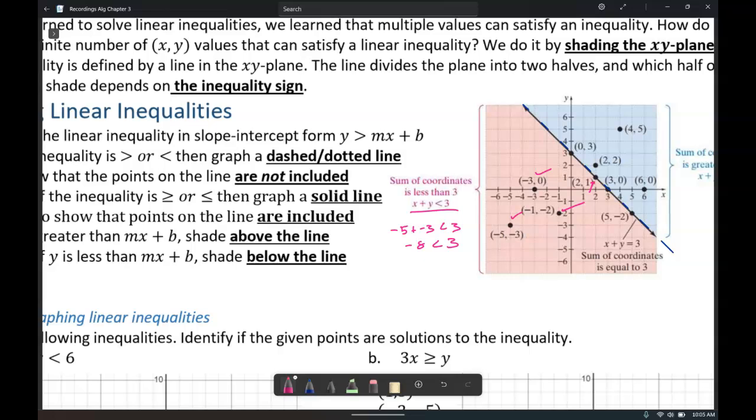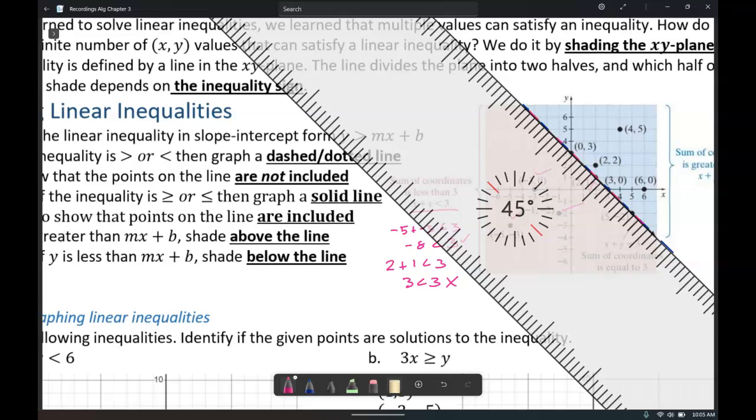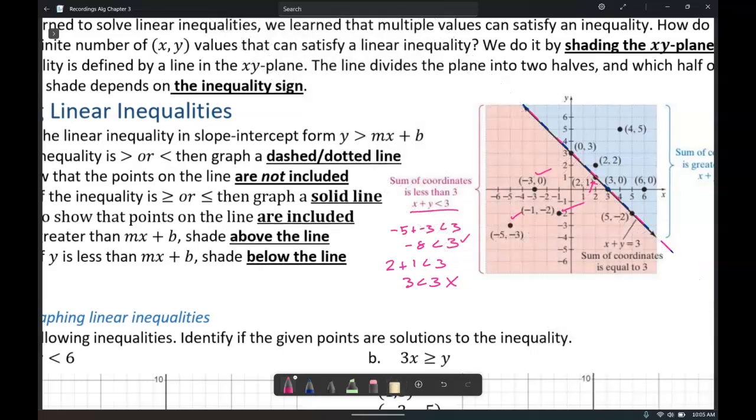If we take a point that's on the line, such as 2, 1, and I substitute it into my inequality, then we see that 3 is not less than 3, therefore it is not a solution, which is why we use the dotted line to indicate the boundary.